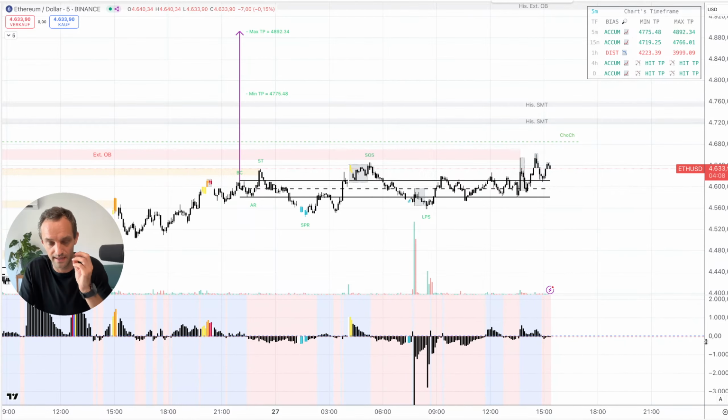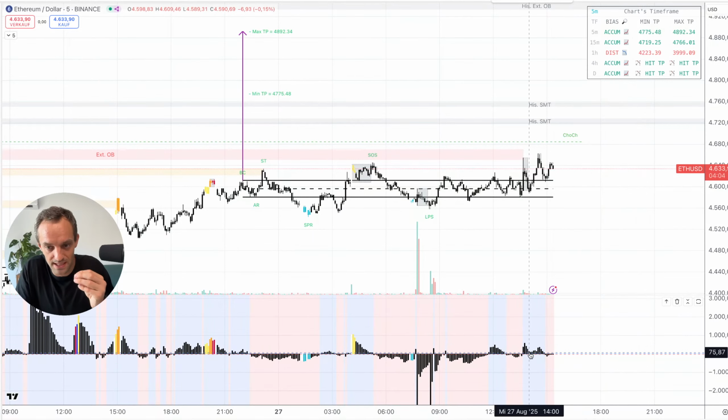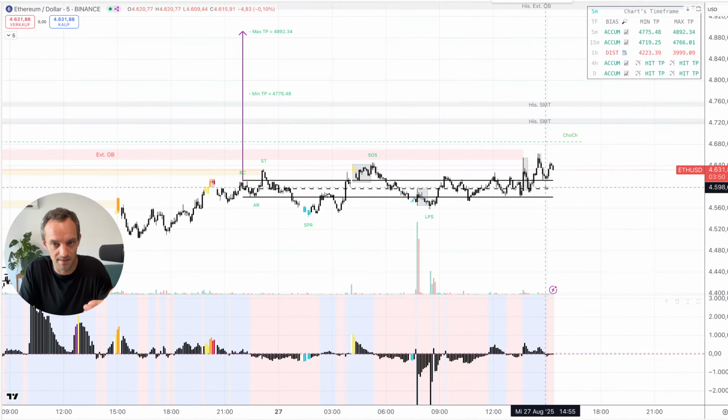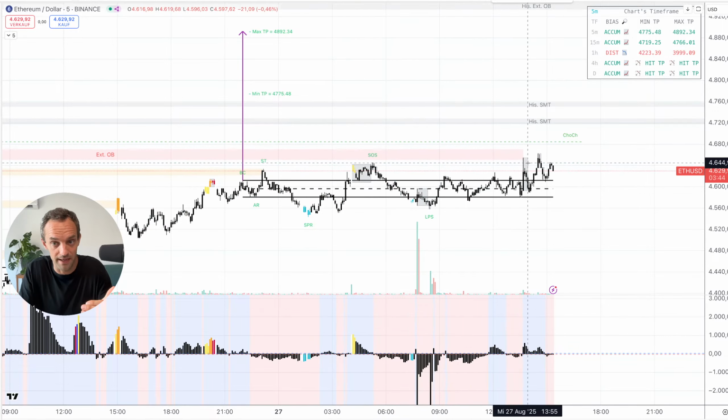Take this, keep this in your brain. We don't see volume here. We see volume, like market orders pushing, in relationship to the price. So there were market orders, but the price did not move. So this is nothing here. It might be a fake.